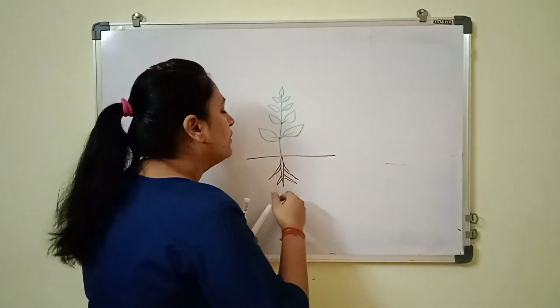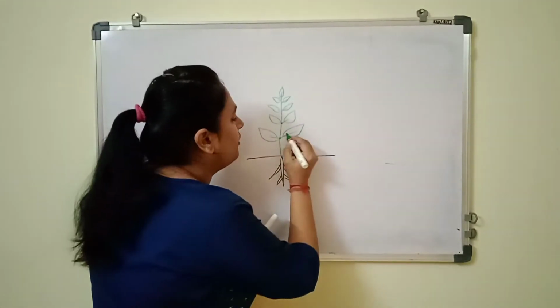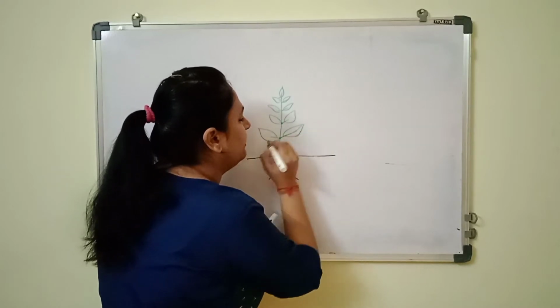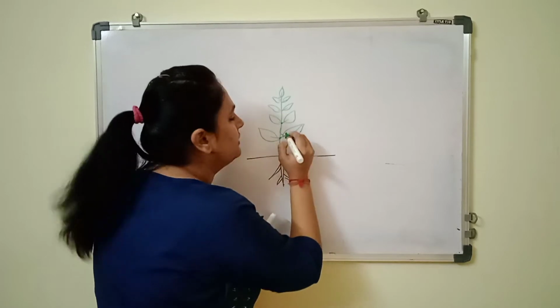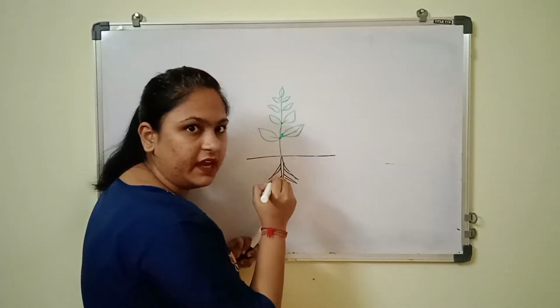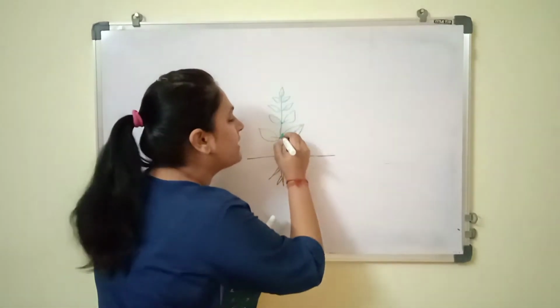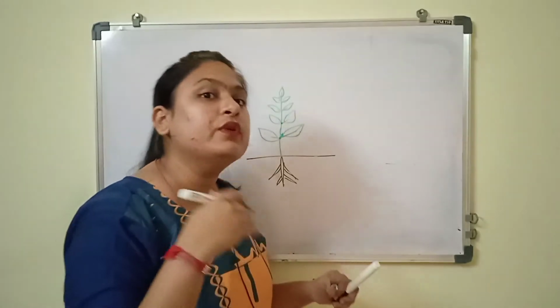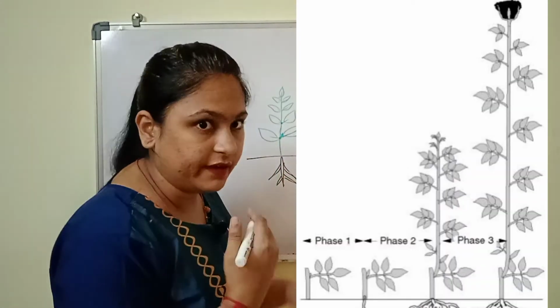Now the axil of the leaf, this is a leaf and this is a stem, the axil of this region consists of the axillary bud. This axillary bud gives rise to a new lateral branch of the stem further when the plant develops.